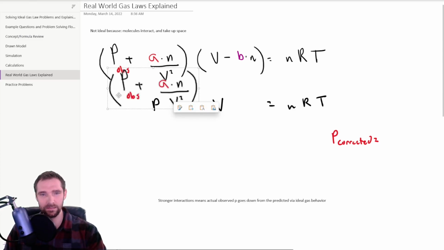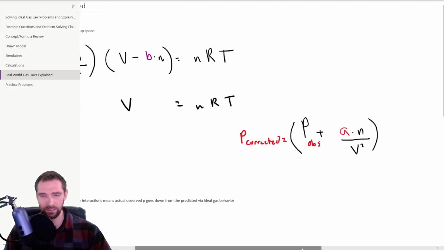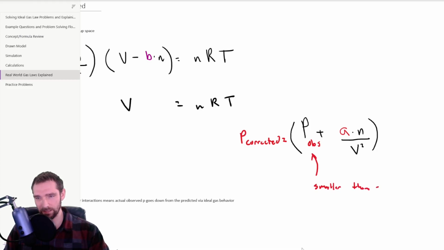So A is going to allow you to correct from the amount that you observe, which is smaller than expected. So you can kind of see that this observed pressure is a little bit smaller because there's some A value in there.